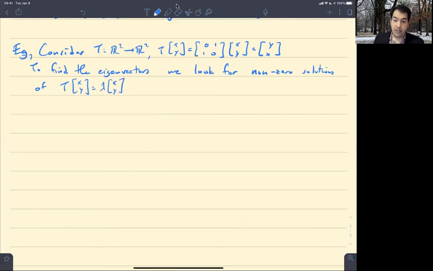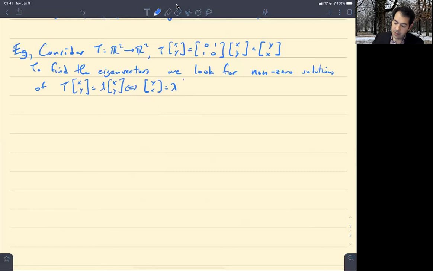So I don't know what lambda is. That's part of the problem. But we want to find lambda, x and y, so that this has a solution and x and y are not both 0.